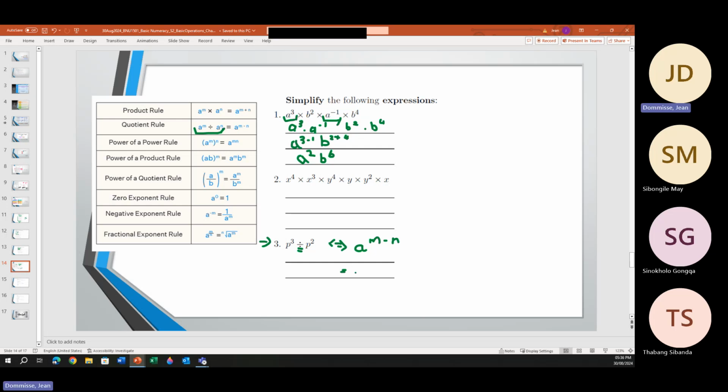So we can say B is my A, we just call it P. That is actually 3 minus 2, and 3 minus 2 is 1. So P to the power of 1 is just P.